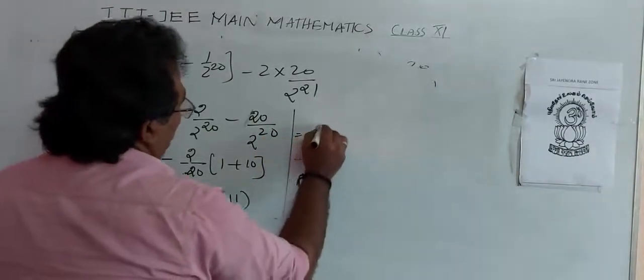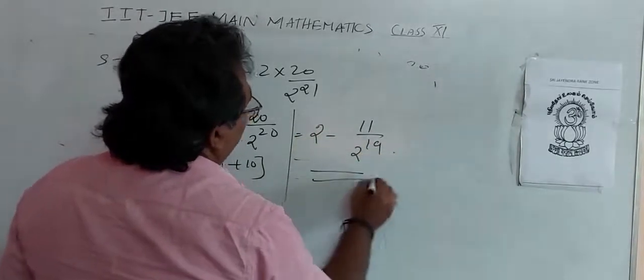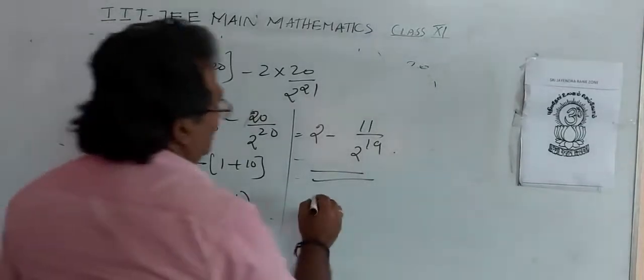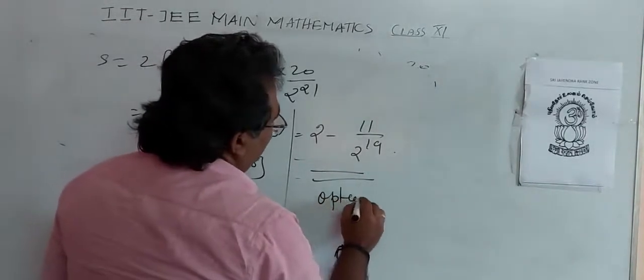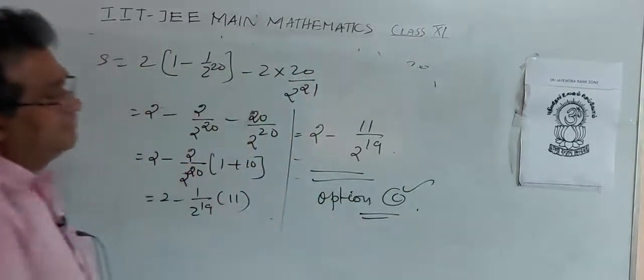So 2 minus 11 by 2 power 19. So option C is correct.